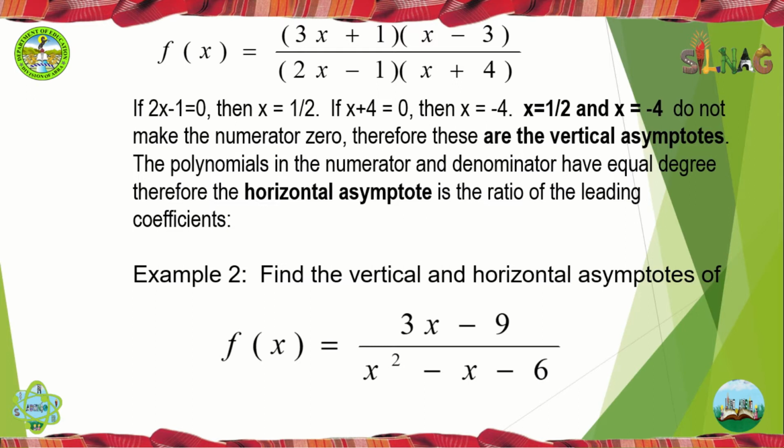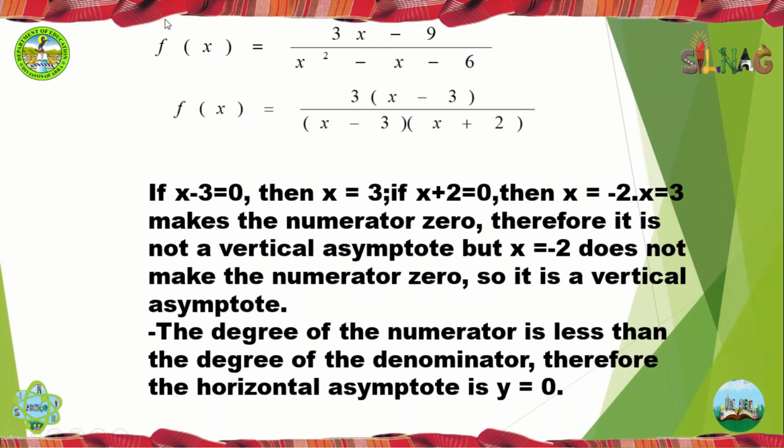Find the vertical and horizontal asymptotes of f of x is equal to 3x minus 9 over x squared minus x minus 6. So we have that as the given.